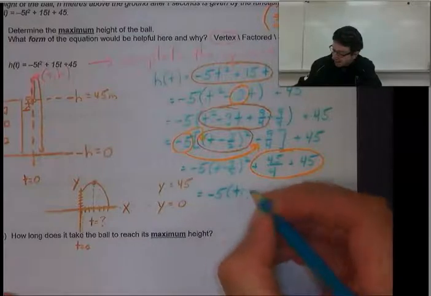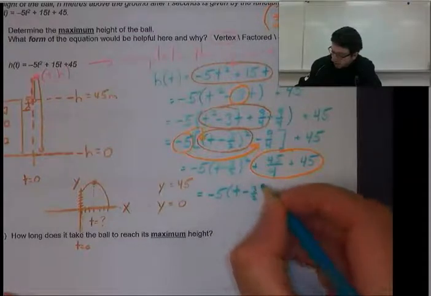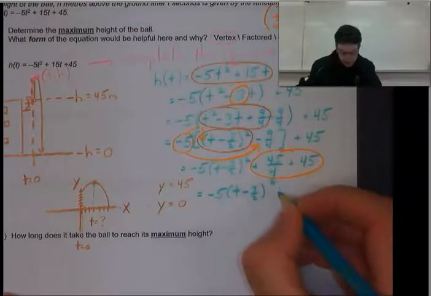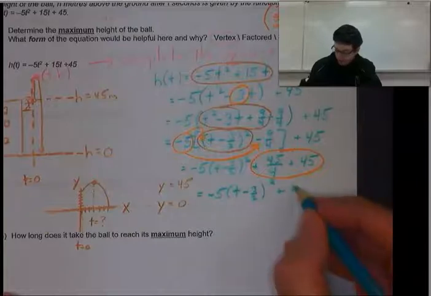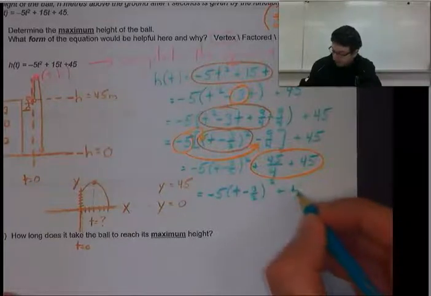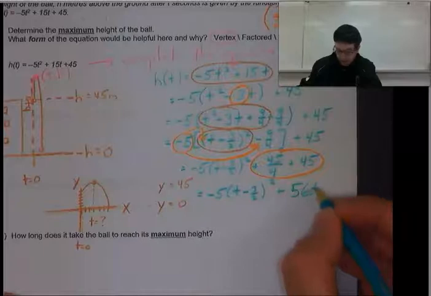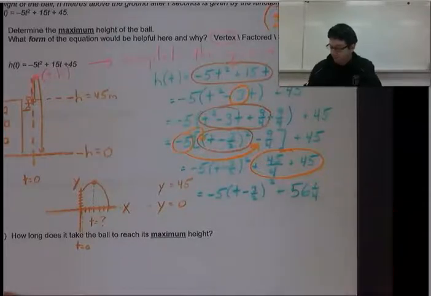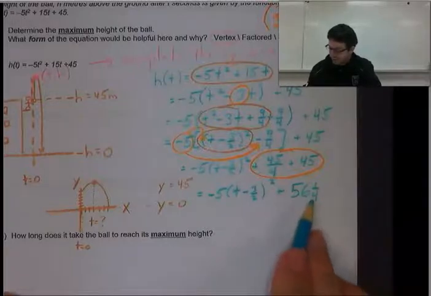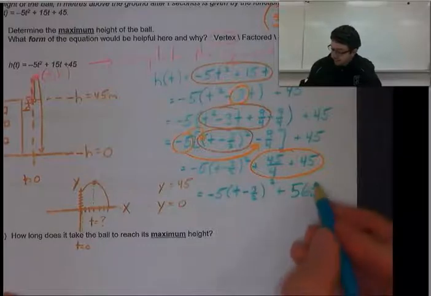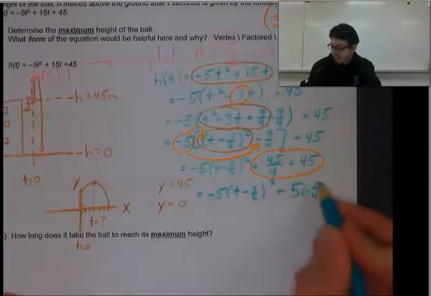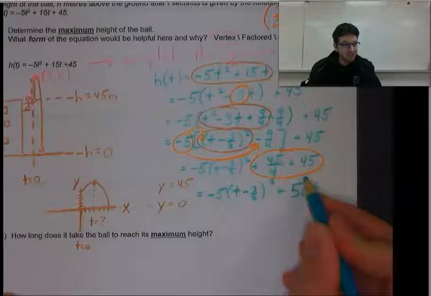So you get t minus 3/2 squared plus, if you like a mixed fraction, 56 1/4. I kind of messed up my 5 there, 56 1/4. Usually I only ever use improper fractions, but in this case, I like the mixed fraction because this tells us a point in our vertex. It actually tells you the height.